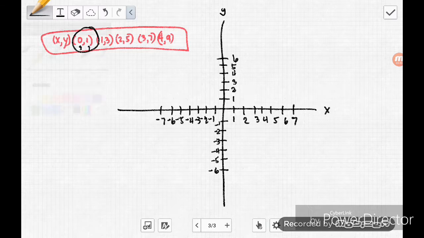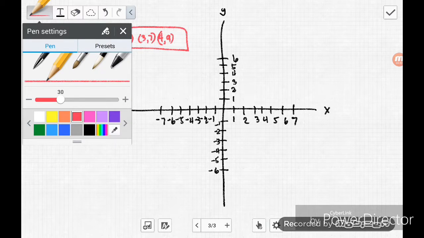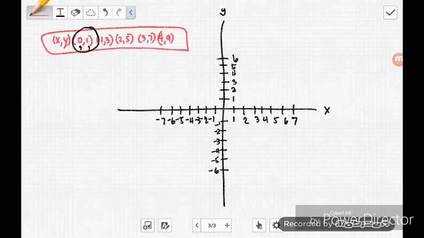Okay, let me just change to red. Okay, this is 0 and y is 1. There's 1. So this is where your coordinate point will be. And you label it 0, 1. The next one, 1 and 3. So x is 1, y is 3.